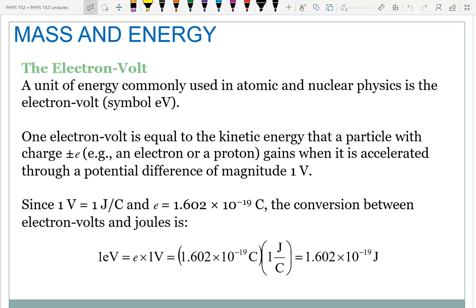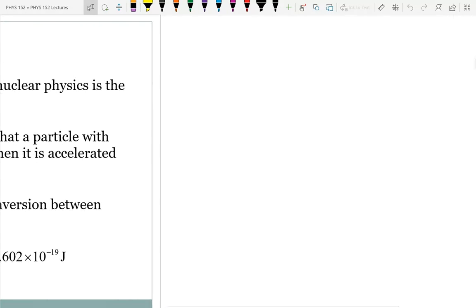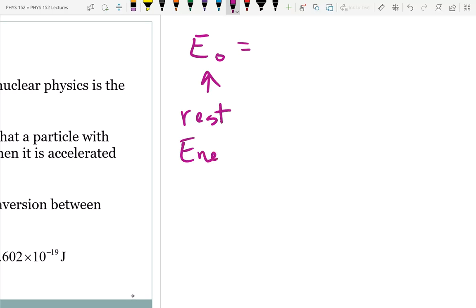Well, what we do is we say that, and this is like on the next slide, according to Einstein, rest energy is equal to mass times the speed of light squared.